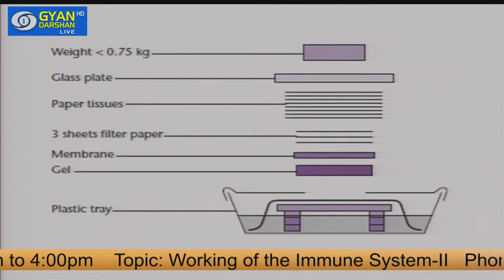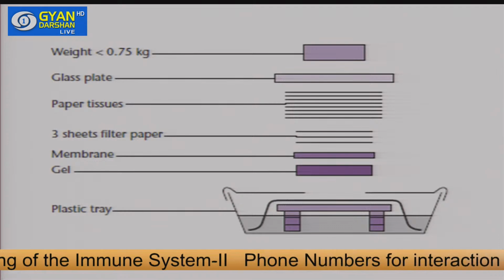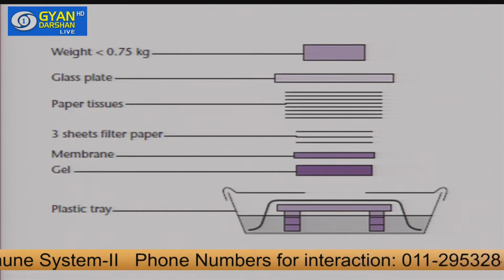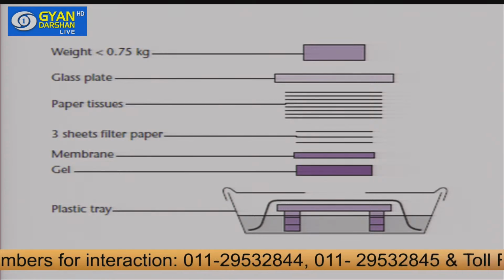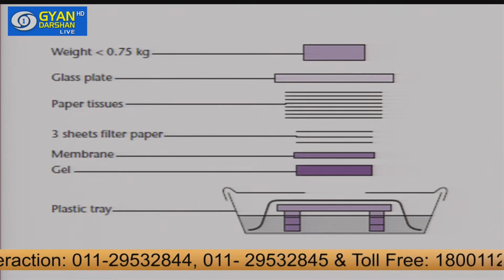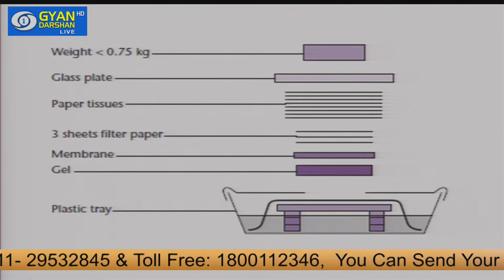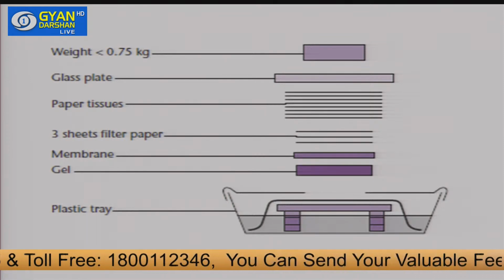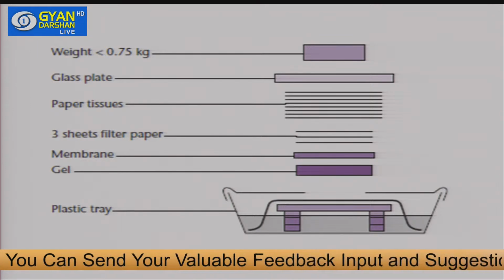Then there is a support or platform, and a paper wick above the platform, and on top of that you have the gel. Now above the gel you have the membrane. Membrane means where you need to transfer the DNA from the gel, and therefore you need to prepare a blot.